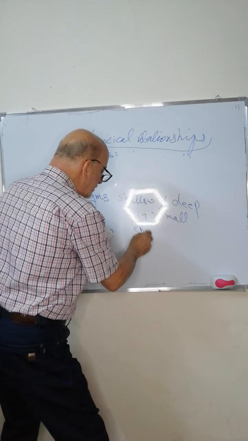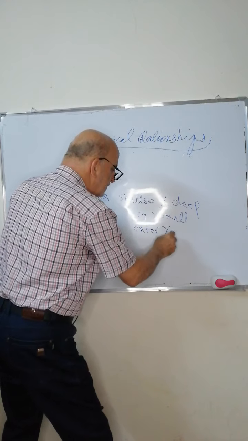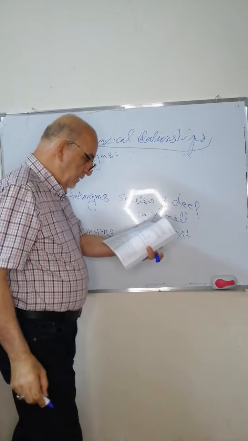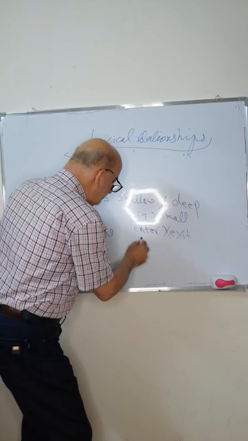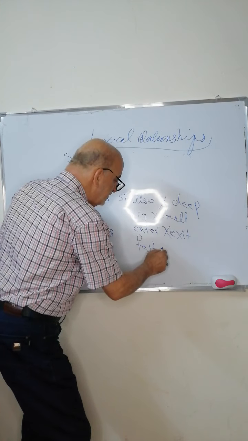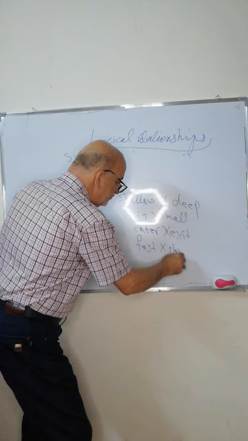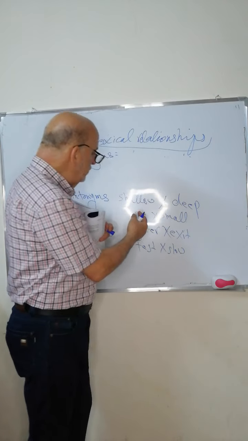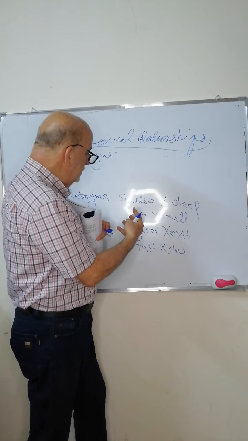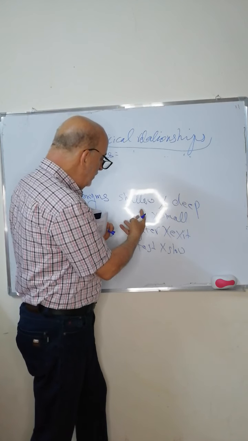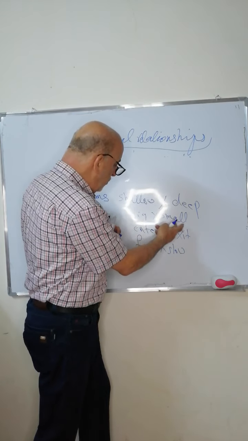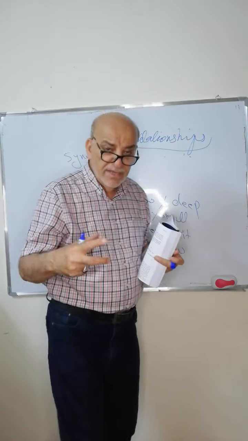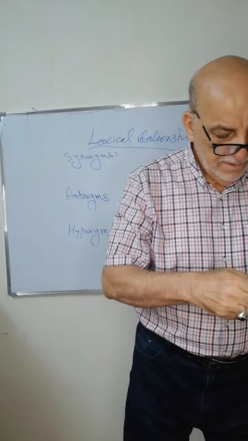Enter, exit. Fast, slow. Now here, if we look at big and small, fast and slow, we can make the comparative form.